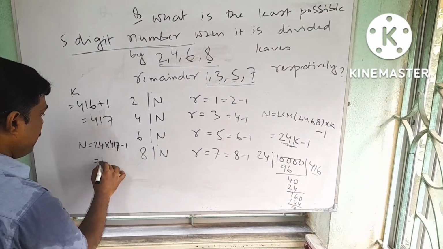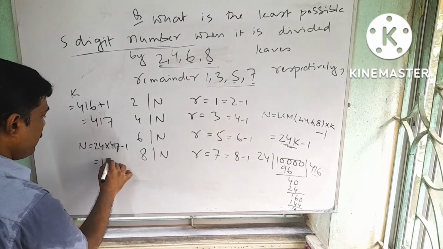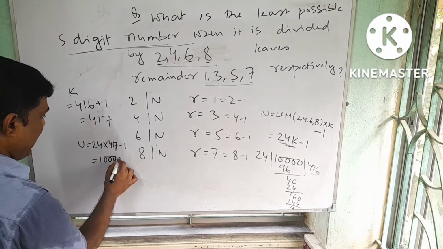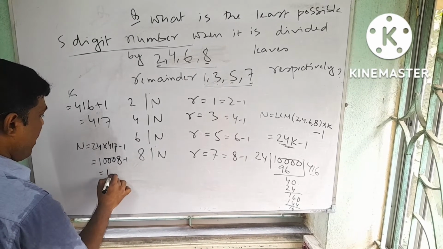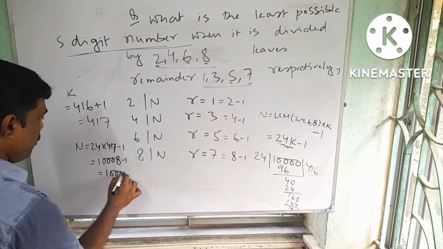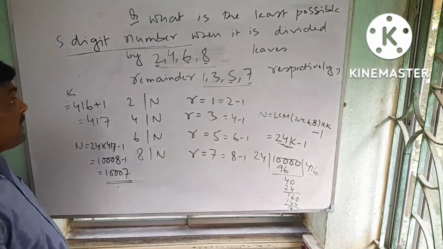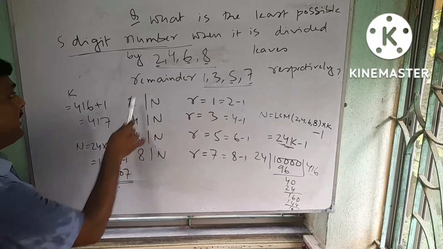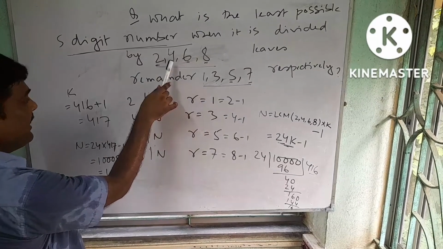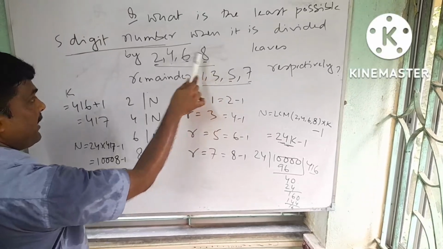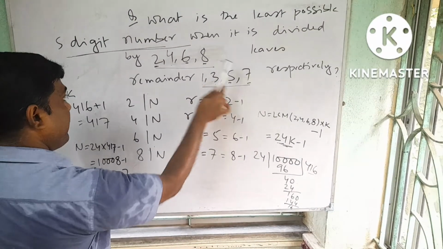Okay, it is 10008 minus 1, so 10007. So the answer is 10007. That is the number when we divide by 2, remainder 1, dividing by 4, remainder 3, dividing by 6, remainder 5, dividing by 8, remainder 7.